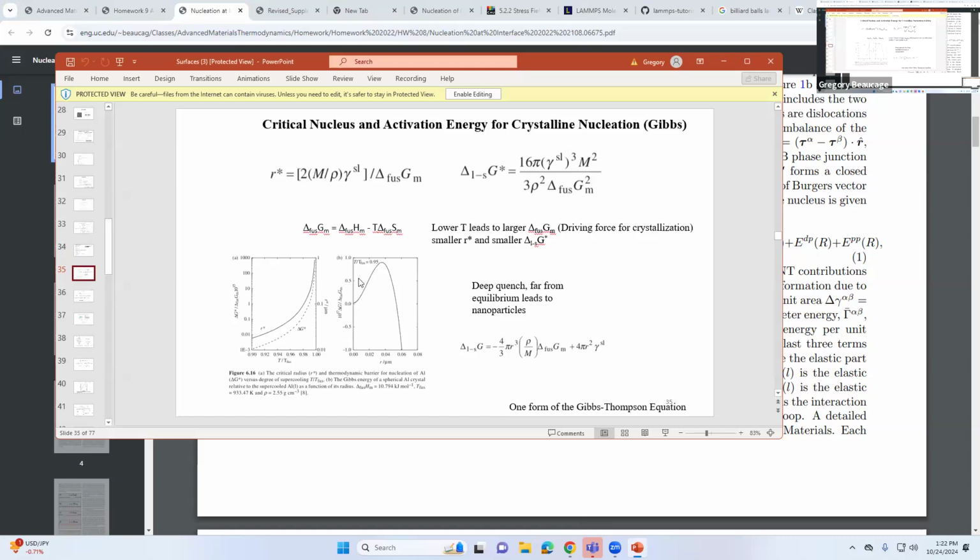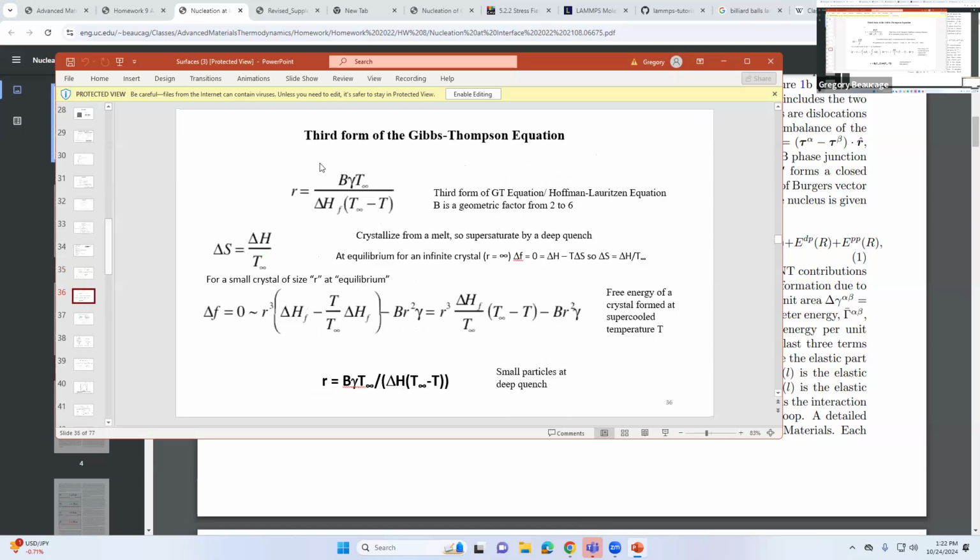It's kind of the same thing as those. This Gibbs phase growth thing is a pretty critical part of thermo for materials. It links into the Gibbs-Thomson equation, and the other things are all kind of based on the same thing. So anyway, that's what I got on this thing.